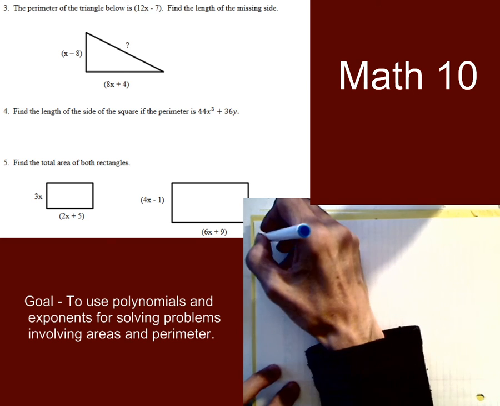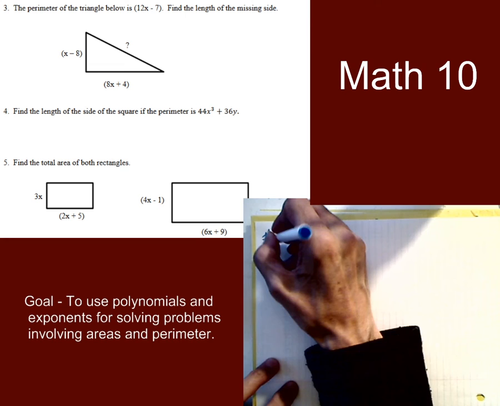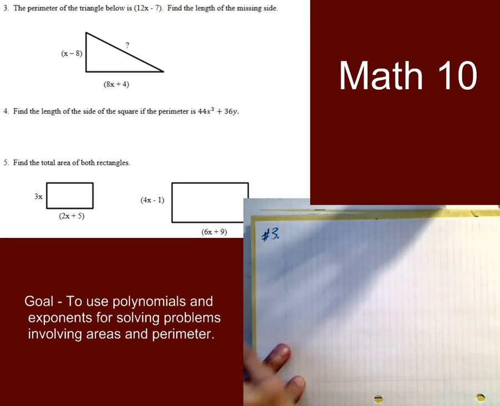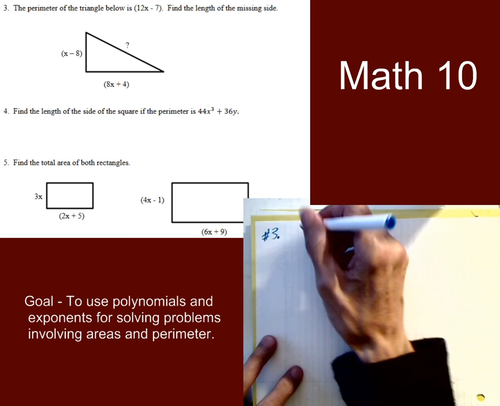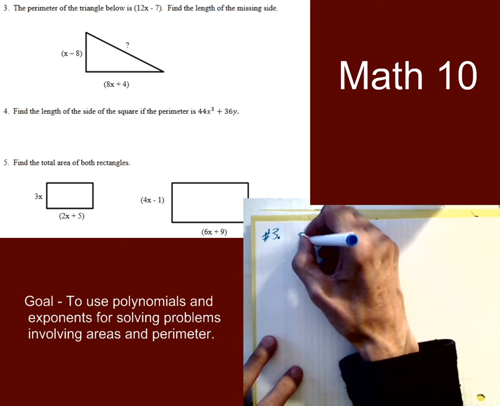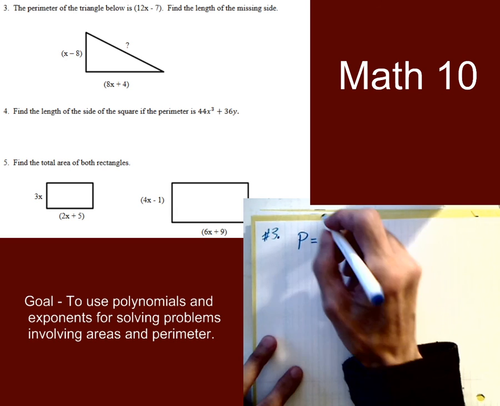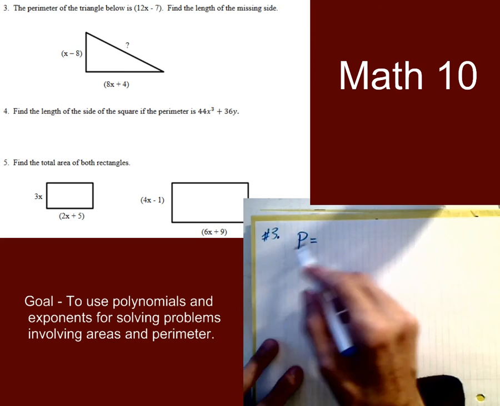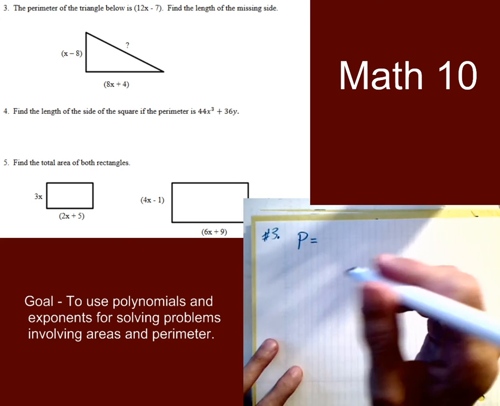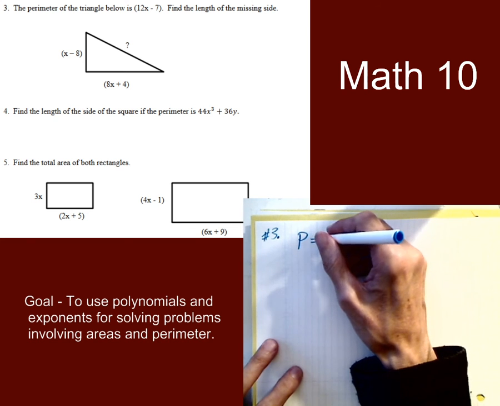All right, so for question number 3, beautiful example. It tells you right away that the perimeter is 12x minus 7. So notice it's not a number. They gave it as an expression this time. And with math people being the way they are, instead of writing the whole word perimeter out, I'm just going to write the letter P there.